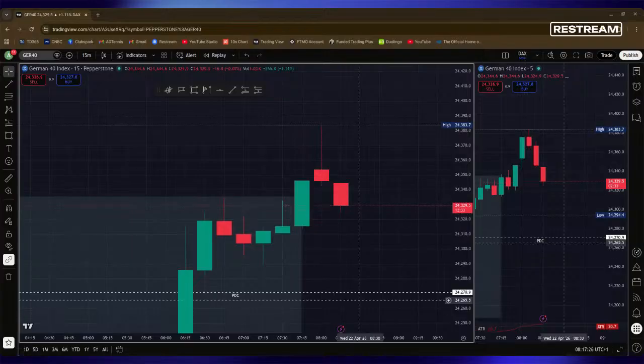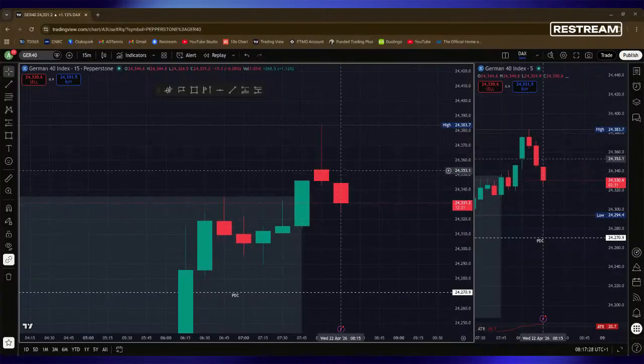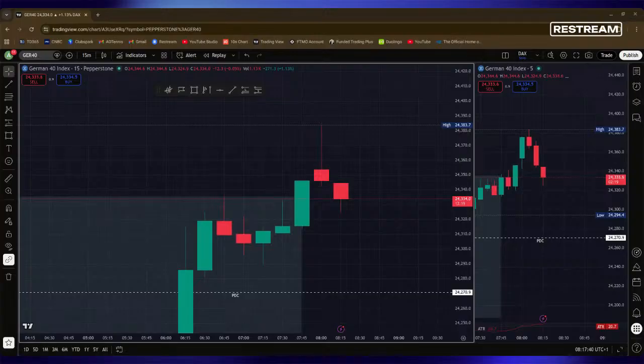If we get a green bar, so if this turns around and closes higher, then we'll also be looking for a long position. So we're looking at bullish trades currently.